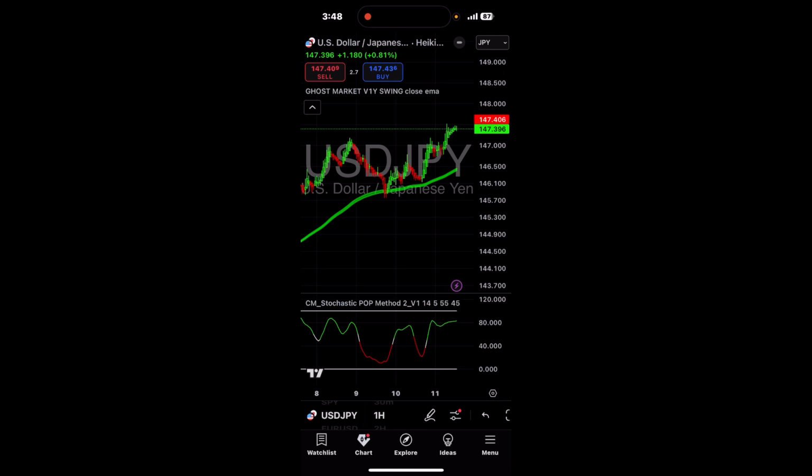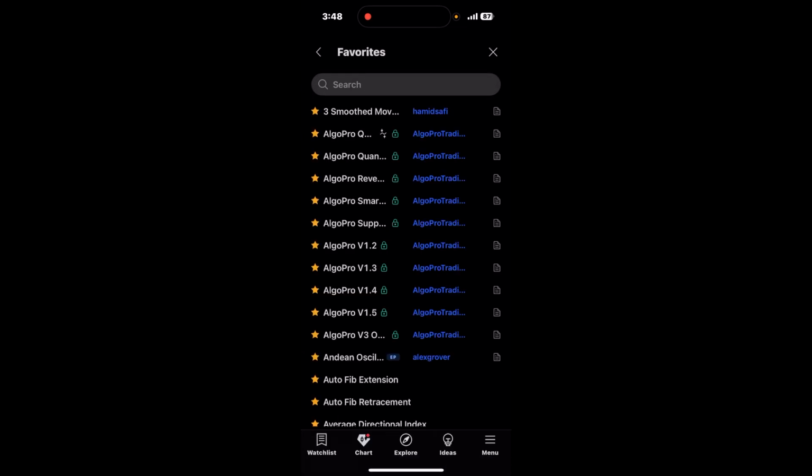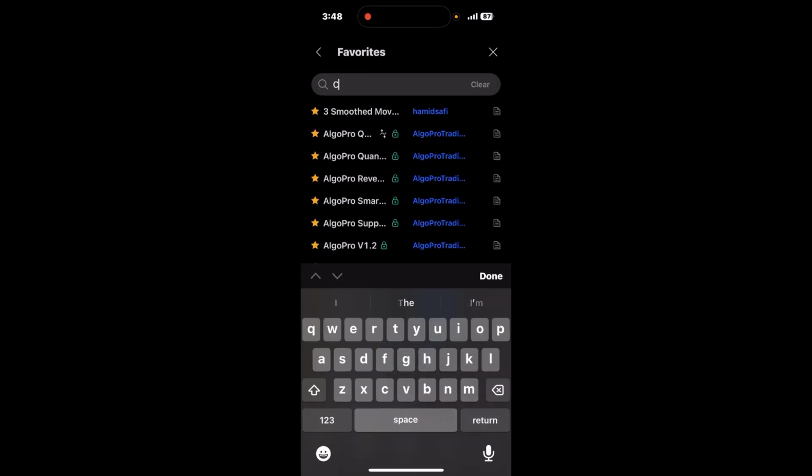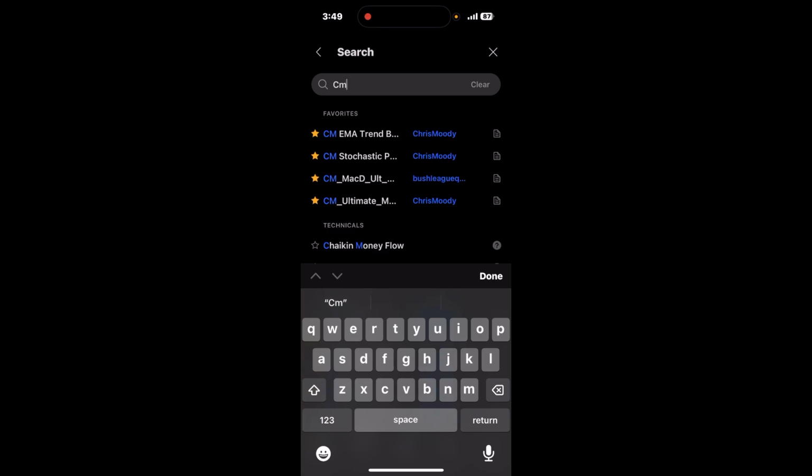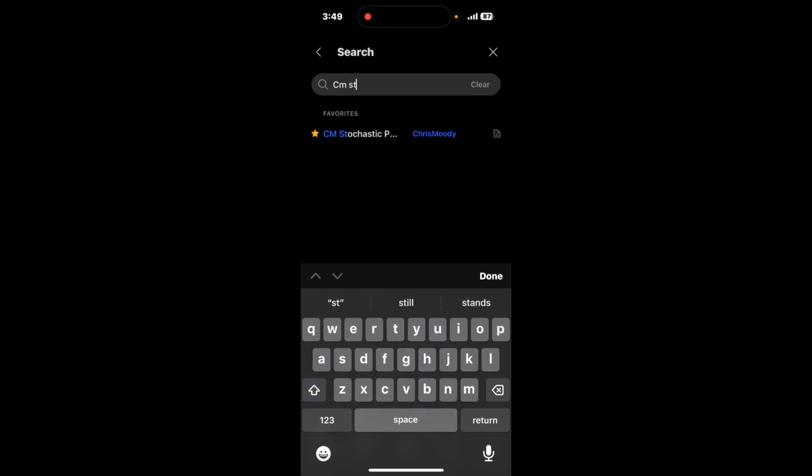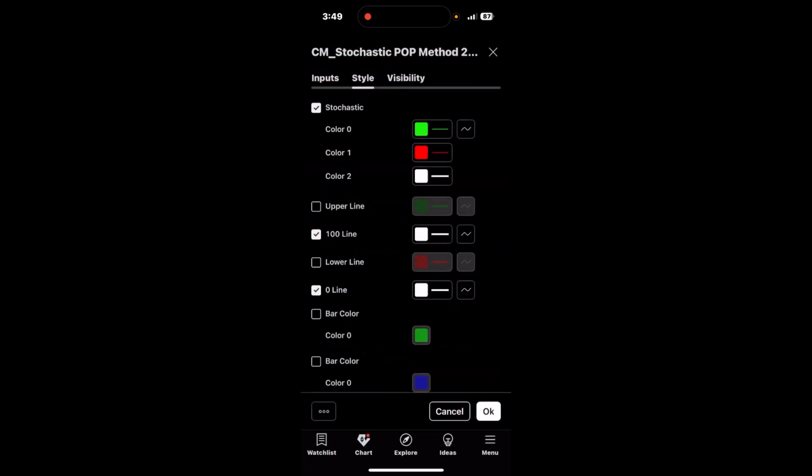What I like doing is focusing on the hour chart. I don't necessarily have to trade every day, just whenever you find the patterns. The next indicator you need is the CM Stochastic. I changed my settings. For the Stochastic, I have a bright green color, which is bullish.